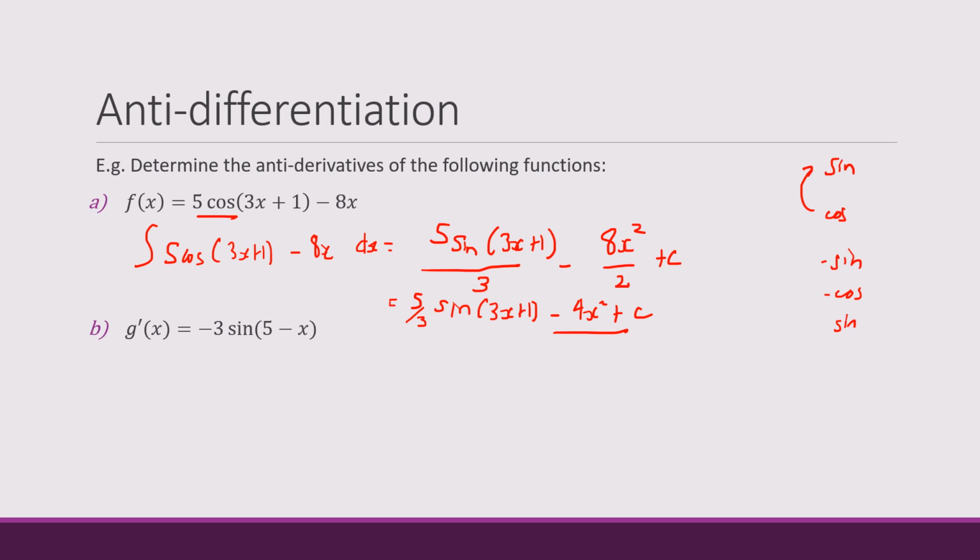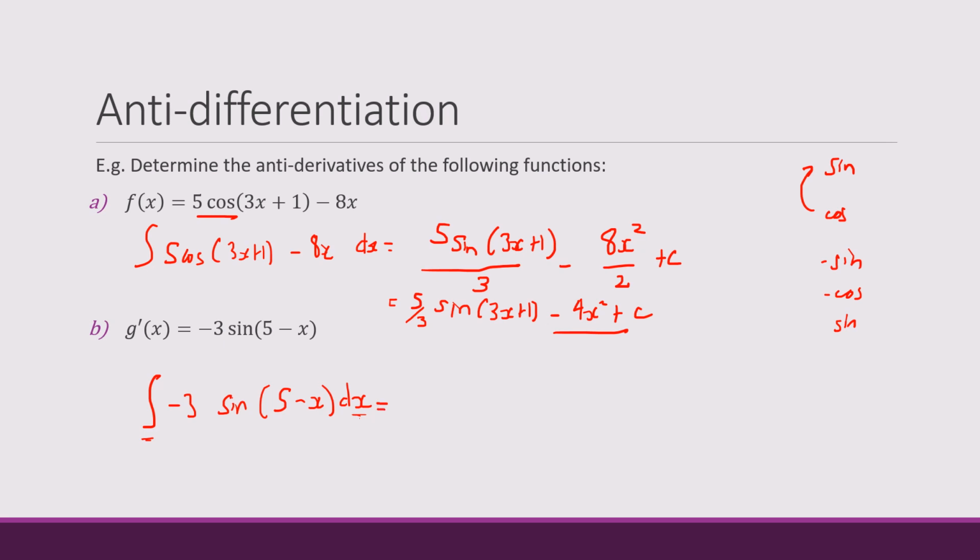For the next one, the integral of negative 3 sine 5 minus x dx. Students, be wary of this all the time: when you're using integral notation, make sure you have your elongated s at the front, but also the dx at the end. That is a key part of our notation.